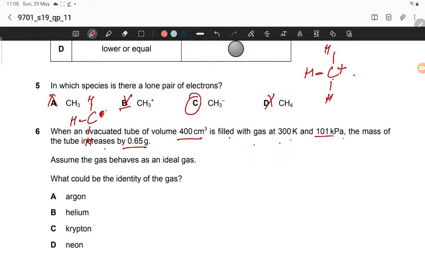This is 101 kilopascal. The pressure will be PV is equal to nRT. For this, P must be in Pascal, so 101 into 1000 is equal to 101,000 Pascal. Volume is in meter cube, so this is 400 centimeter cube.